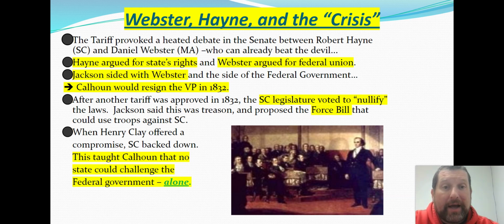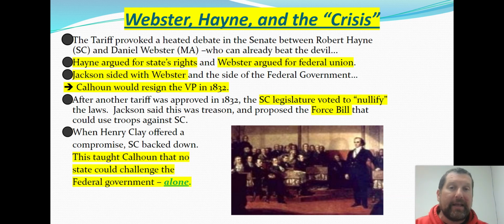The South Carolina legislature votes to nullify those laws. Jackson calls it treason and proposes something known as the Force Bill that would use federal troops against the state of South Carolina. Henry Clay, who we will come to know as the Great Compromiser, comes in and offers a compromise, and South Carolina backs down.